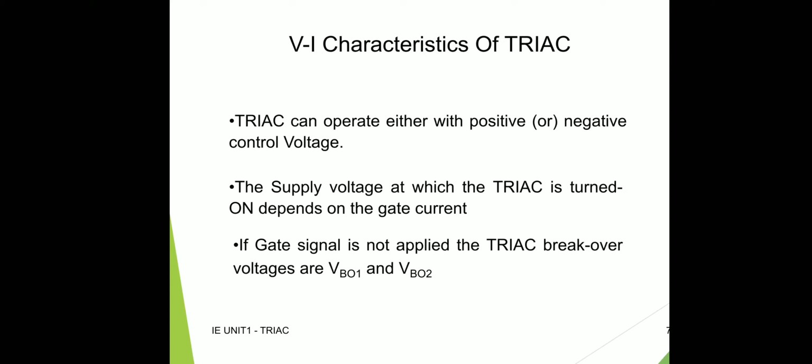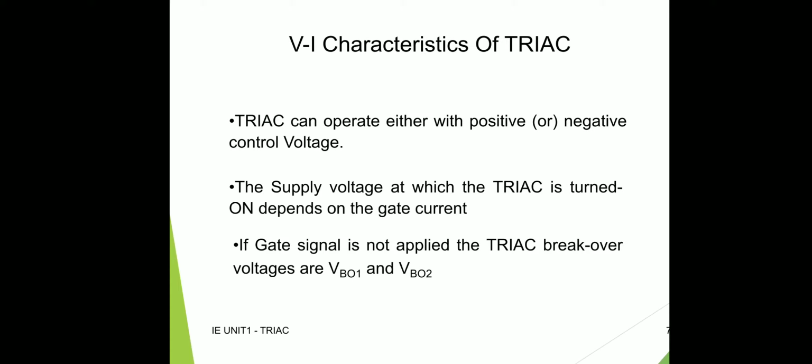Generally whenever voltage is applied, the device needs some voltage to break the middle layer junction. That voltage is called the breakover voltage, and whenever it reaches that voltage, it comes into the conducting mode, that is the on state.